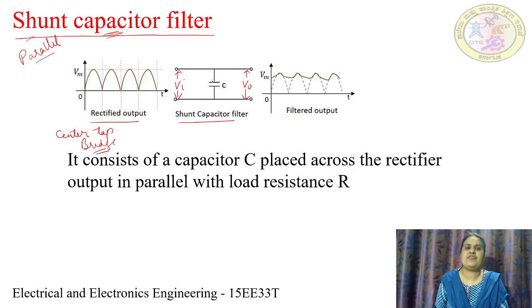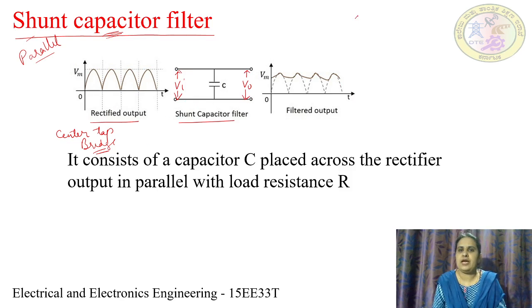It consists of a capacitor which is connected in parallel to the load resistance as well as in parallel to the rectified output. We can say it is connected in parallel to the load resistance, and also in parallel to the output of the rectifier. This is the shunt capacitor filter.